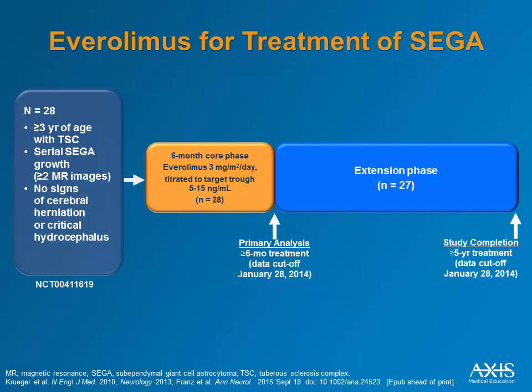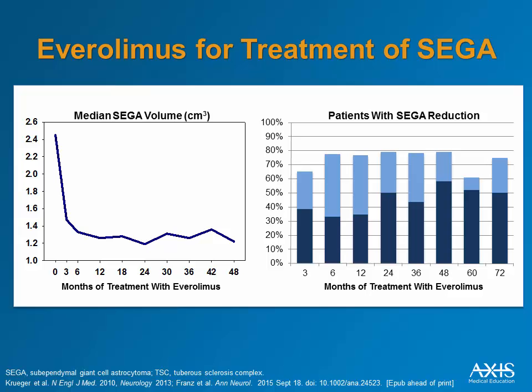The 5-year analysis was recently completed and published and is now available. What we see here is the initial response shown in these patients over time, and in the left graphic you see that very quickly it becomes evident in the majority of patients how much they will respond to treatment.